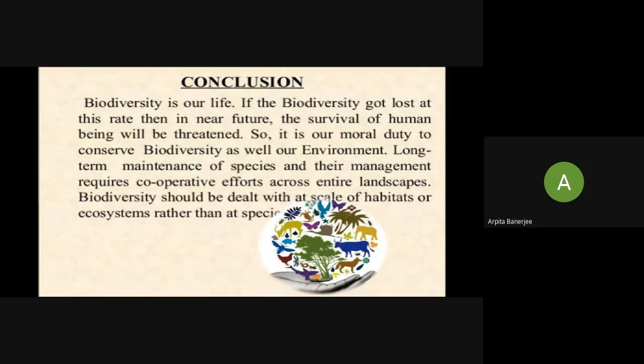So it is our moral duty to conserve the biodiversity as well as our environment. Long term maintenance of species and their management requires cooperative efforts across the entire landscape. Biodiversity should be dealt with at the scale of habitats or ecosystems rather than at species.